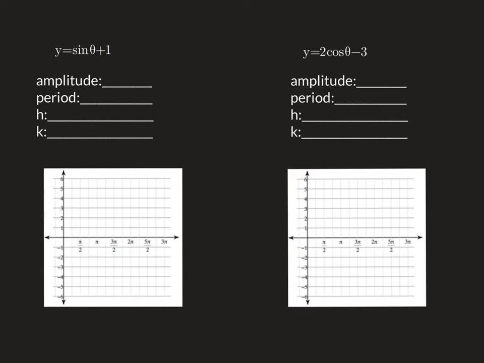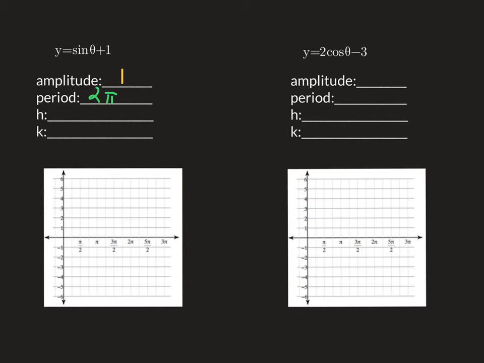Now let's figure out what pieces we know. Remember the amplitude is the number in front of the trig function, and since there is no number, our amplitude is 1. Our period is 2 pi divided by b, and since we don't have a b value in front of the theta, my period for this function is just 2 pi.